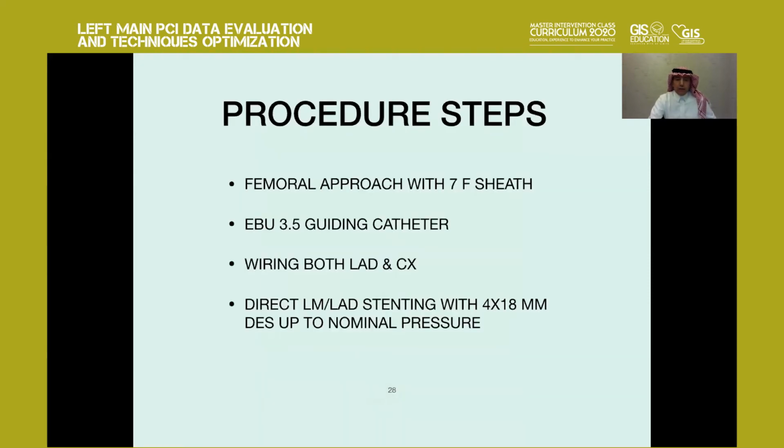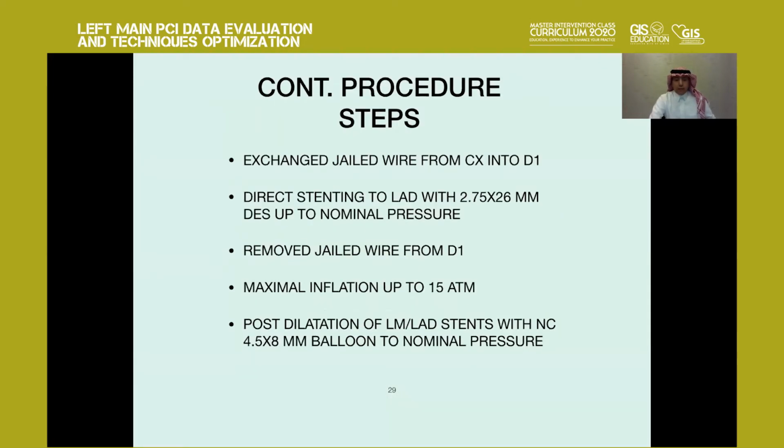So just to summarize what I did briefly: femoral approach with 7 French. I used the EBU guiding catheter 3.5. Wired both the LAD and the circ, direct stenting to the left main LAD with a 4 by 18 millimeter stent with nominal pressure. Then exchanged the jailed wire from the circ into the diagonal, direct stenting to the LAD with 2.75 by 26 millimeter to nominal pressure first, then removed the jailed wire from the diagonal.